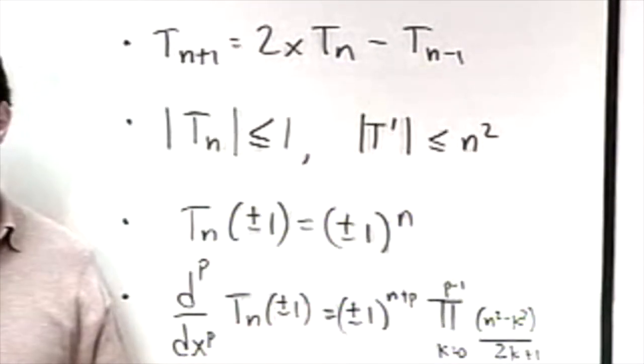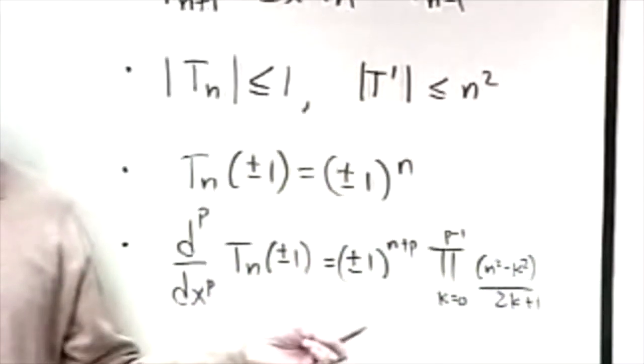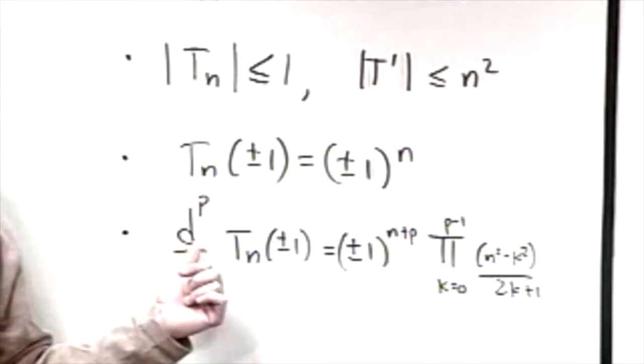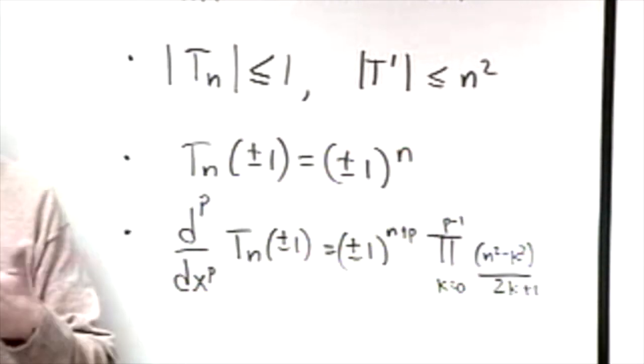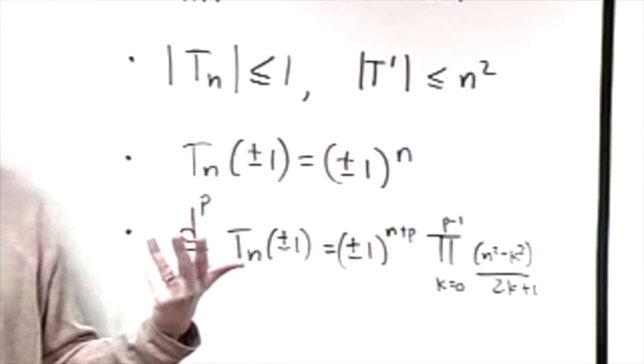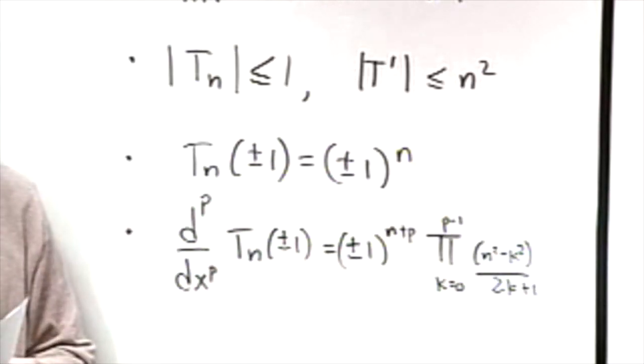So you know what its boundary conditions are for any derivative. What we wrote down was just for the first derivative. You go through the first derivative, you find that this is 0. Okay?